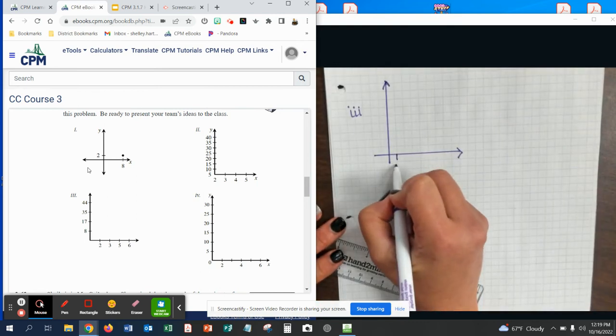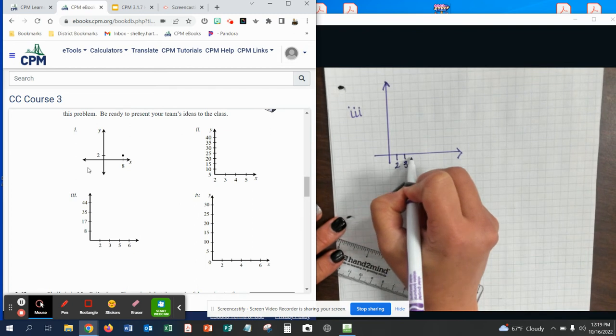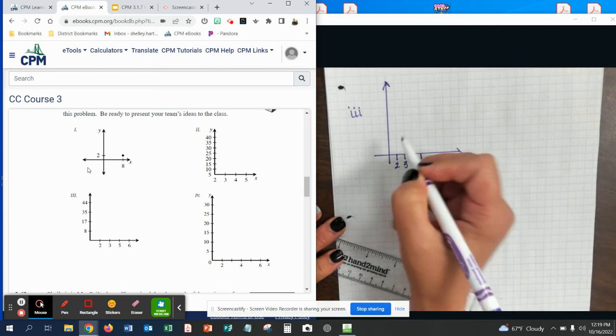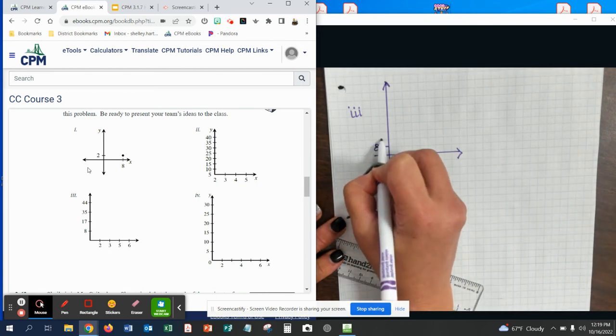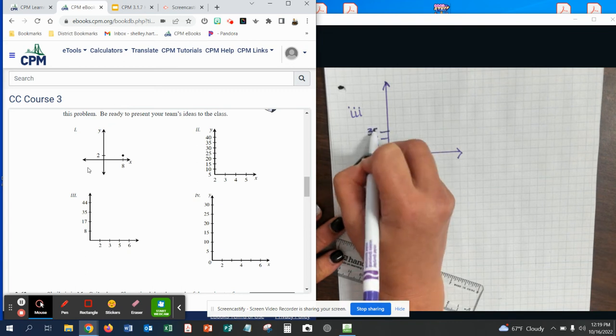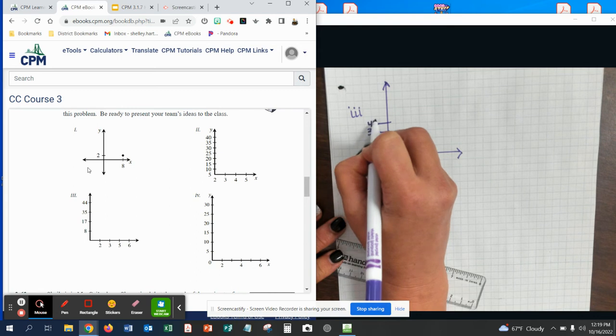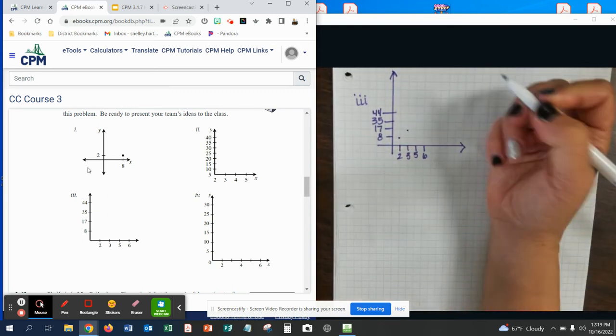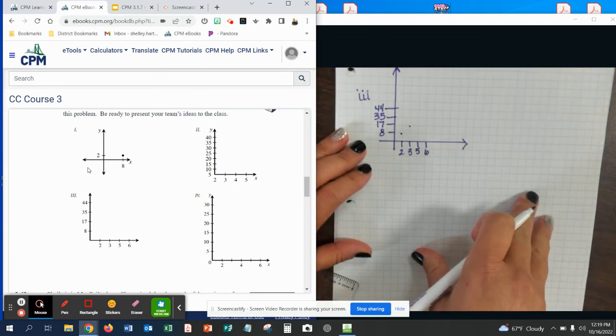We've got 2, 3, and then 8, 17, 35, 44, and then it would go up like this. But this is wrong as well.